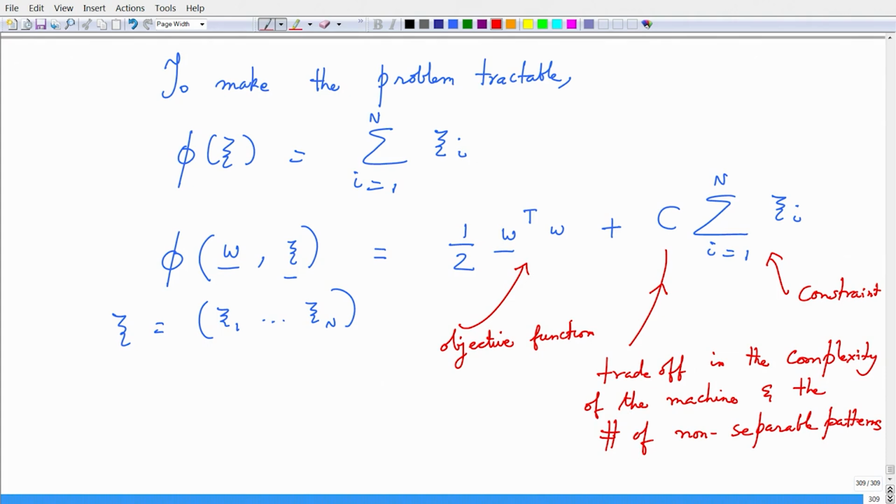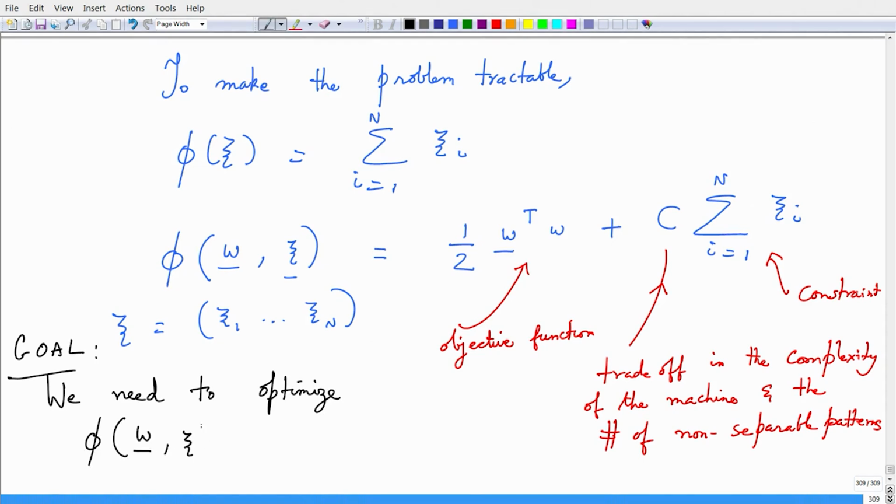So the goal that we have is we need to optimize phi of w and zeta, this function of w and zeta, with respect to w and zeta i's, I going from 1 to n. That's the objective.